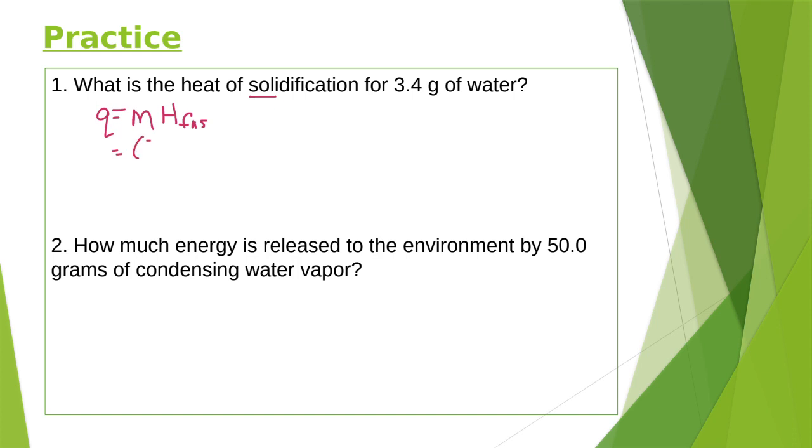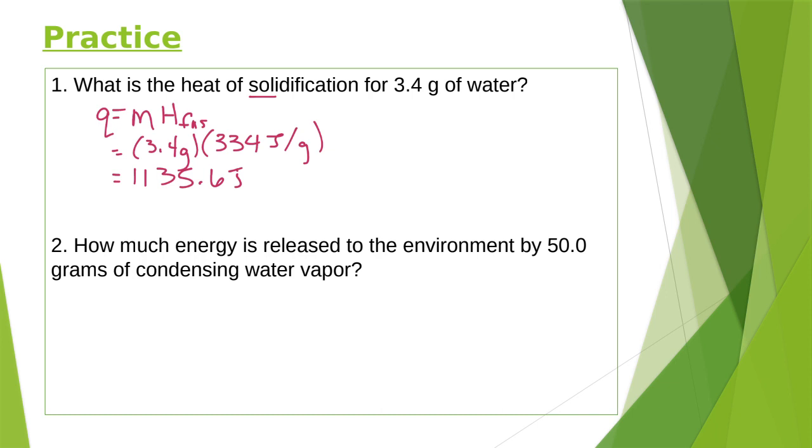So the mass is 3.4 grams, and the heat of fusion constant is 334 joules per gram. So again, we don't have 1 gram, we have 3.4. We're going to multiply that through. I'm going to get a value of 1135.6 joules.